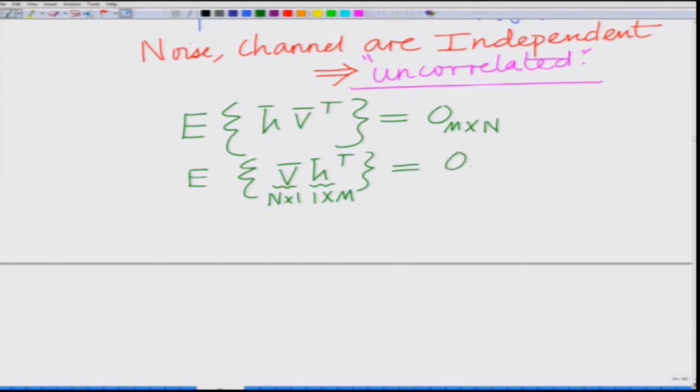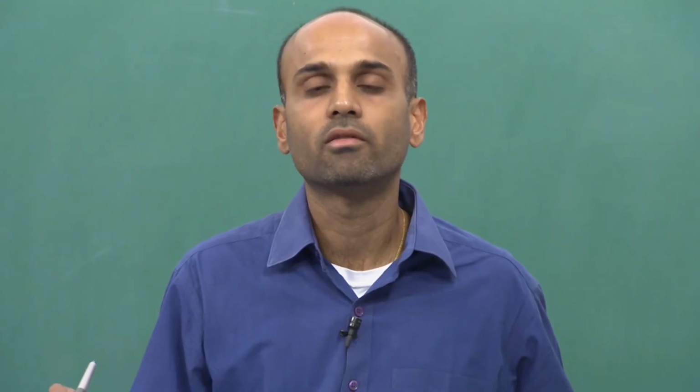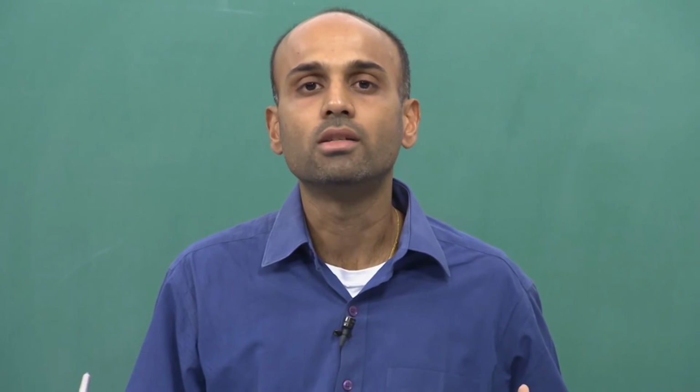So, this will be 0, n cross m, correct, because the channel vector and the noise samples are uncorrelated. Therefore, expected value of h bar v bar transpose and expected value of v bar h bar transpose are both 0.